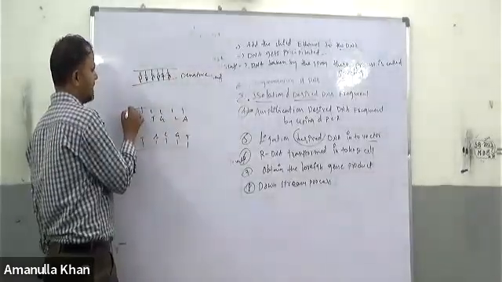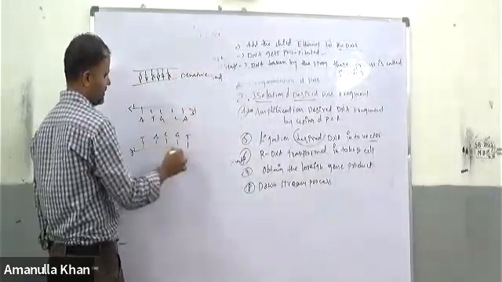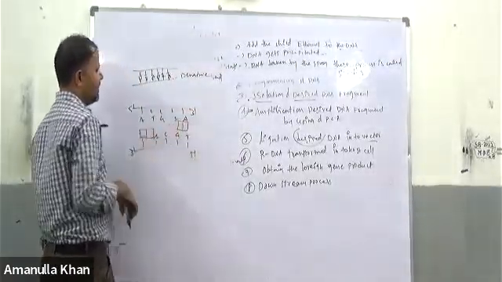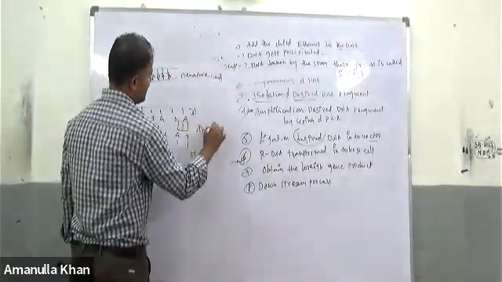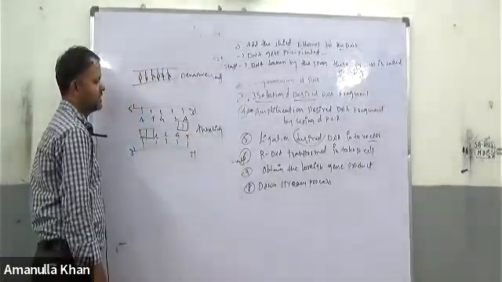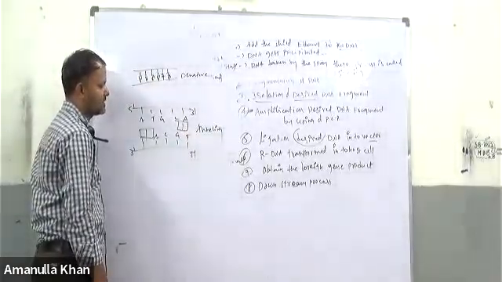Then add the two sets of primer to the 3' end, and this process is called annealing. Already we discussed these points. Then annealing provides nitrogen bases and polymerase, Taq DNA polymerase from Thermus aquaticus bacteria.